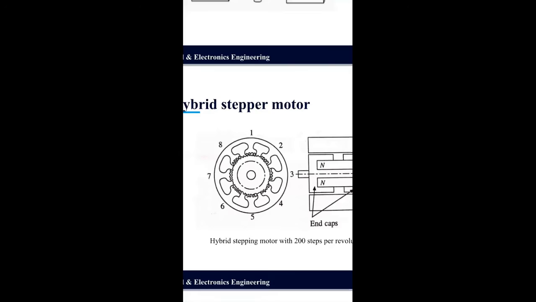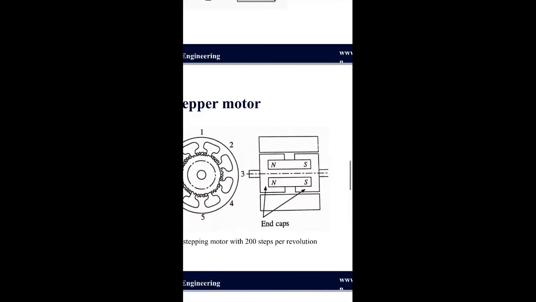The rotor has 2 end caps, each with 50 teeth and separated by a permanent magnet, that is north as well as south pole. You all can see these are the permanent magnets.